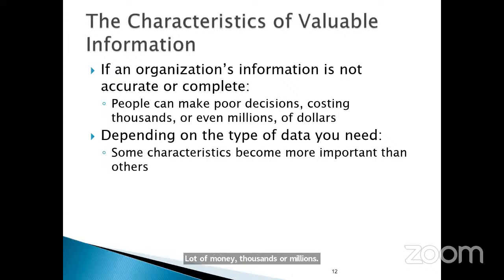So it's good that any information that we are using or putting out, we have to be sure that it is accurate and complete. Then we also need to know the type of data that we want to use, and some characteristics become more important than others.